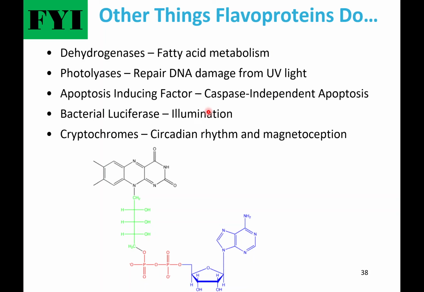Luciferase is an enzyme that causes chemoluminescence and illumination, creates light. And then also they're involved in what are known as cryptochromes, which are a family of proteins that are really just kind of a new area of study. They're proteins that are involved in regulating the circadian rhythm, and also in some, like migratory birds, for instance, they're involved in magnetoreception.